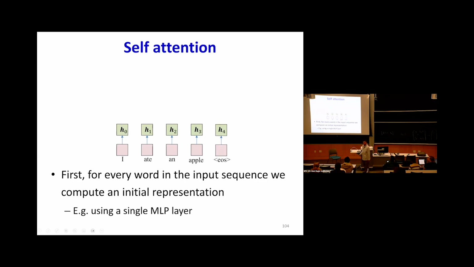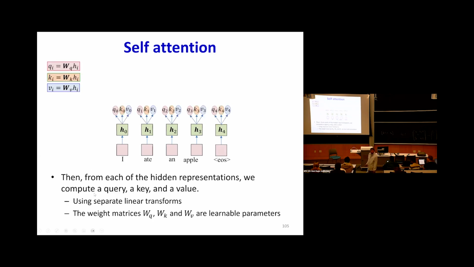I'd just compute an initial representation for all of the words. Then, from each of the words, I would compute an updated representation. And the updated representation is going to consider all of the neighbors. And so in order to do this, from each word, I'm going to be computing, just as before we computed a key and a value, and on the decoder side, we computed a query.